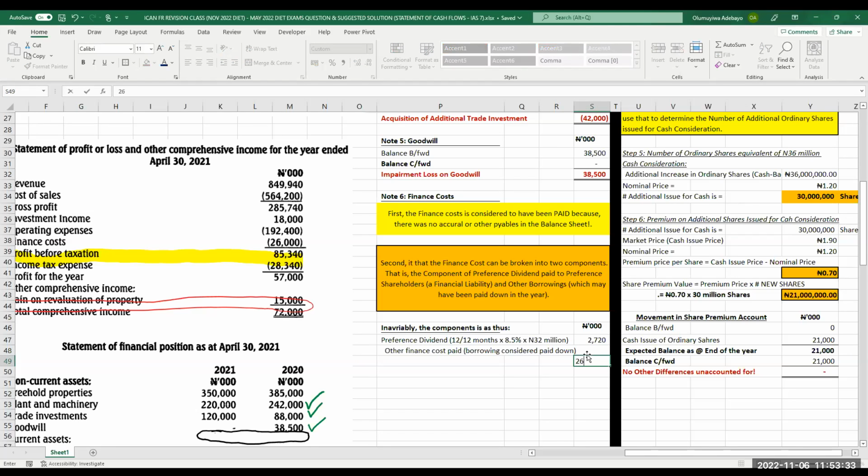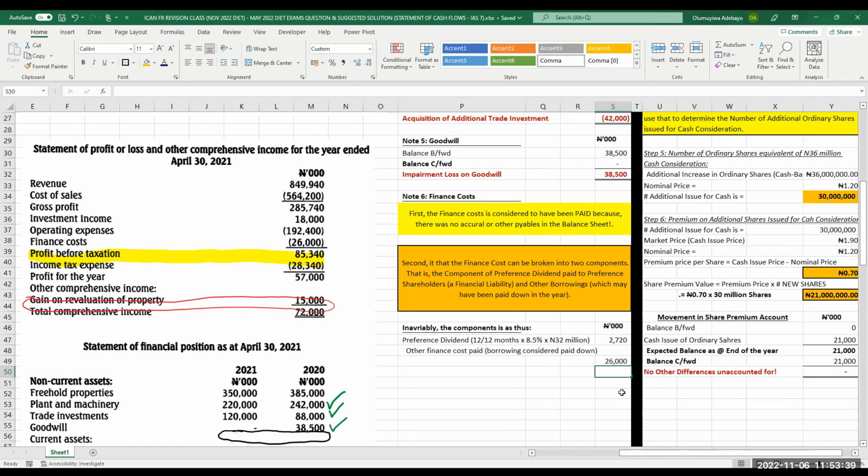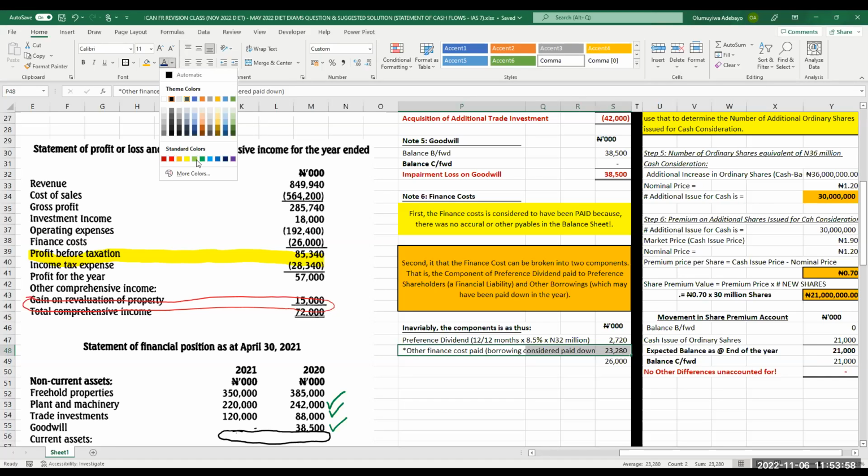We have 26 million, our finance costs, which we have here. You can see it here. Now, the difference between 26 and 2,720 will give us this. This is a balancing figure. I'll put it in red.